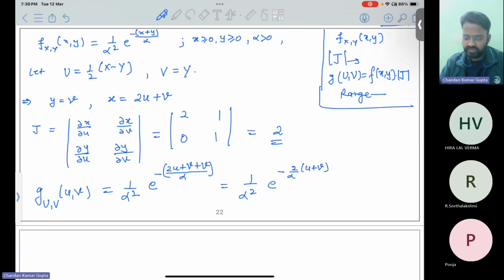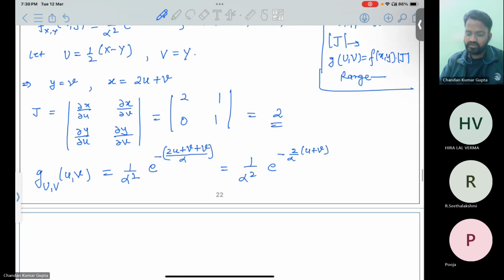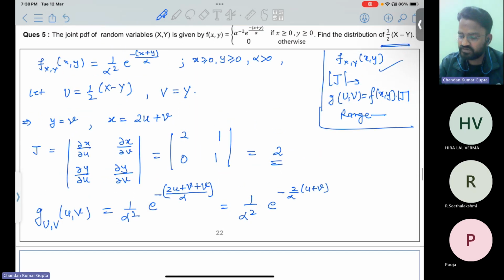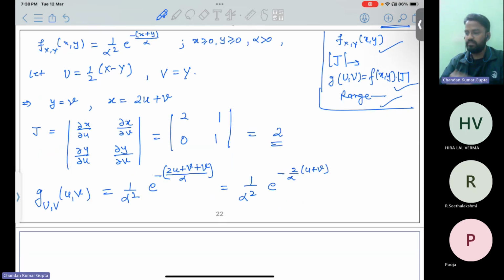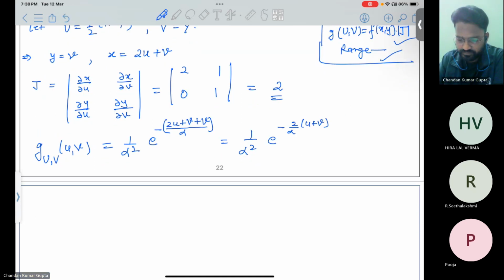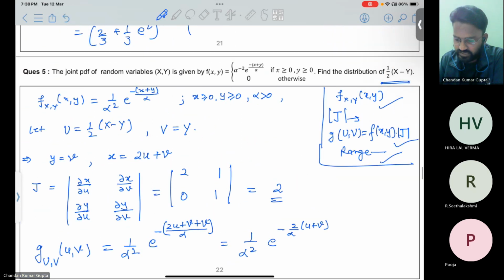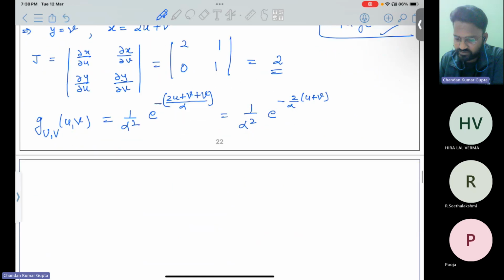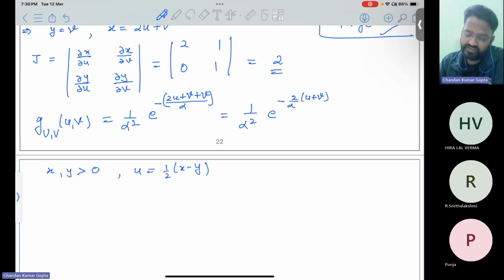Then now we need to calculate this part. Now it's about range. Here x, y are greater than 0, and u equal to half of x minus y.